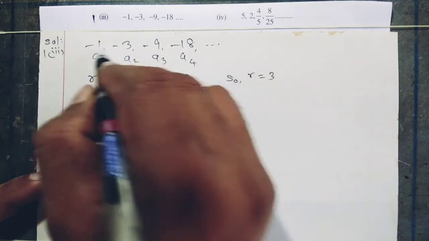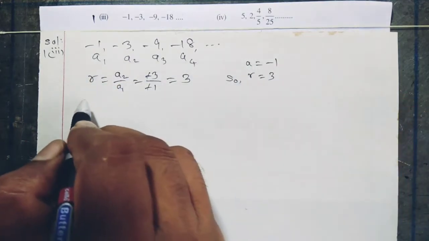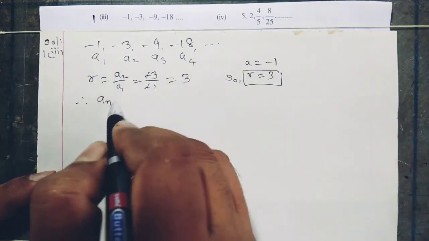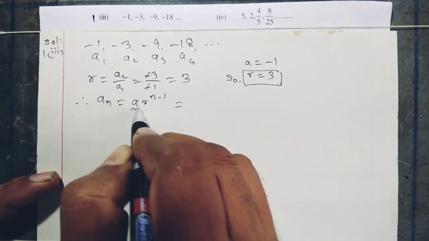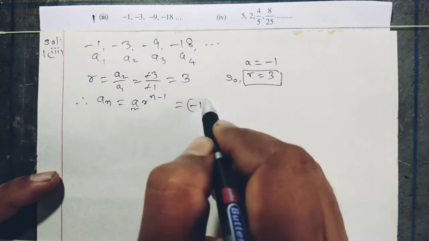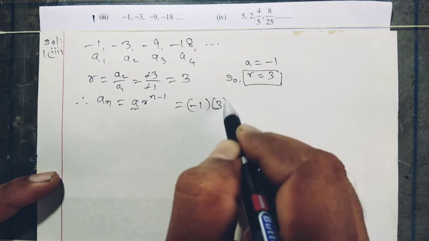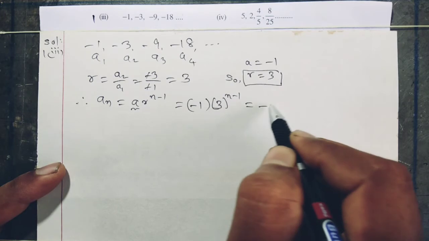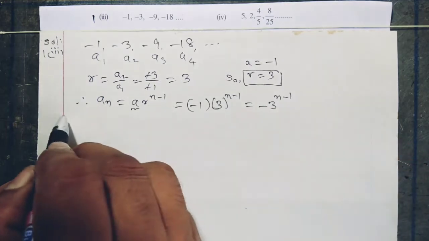And also A is equal to A1 is equal to minus 1. Then we can find AN. AN is equal to A R to the power of n minus 1. Here A is minus 1 into R, 3 to the power of n minus 1. So that is equal to minus 3 to the power of n minus 1. So this is the answer.